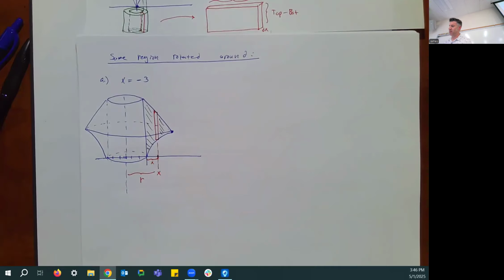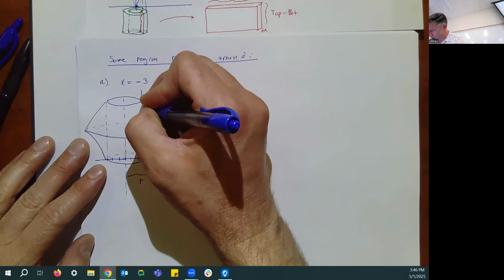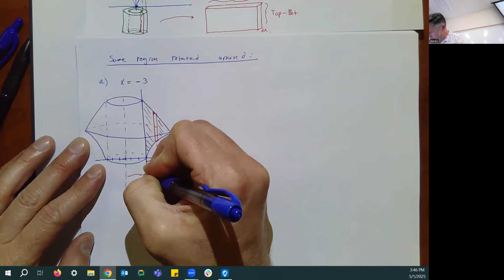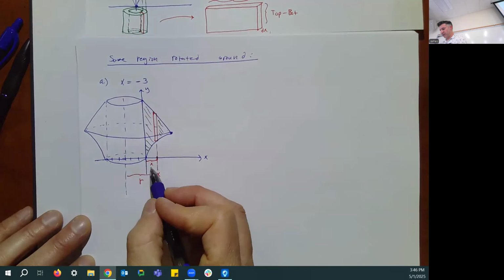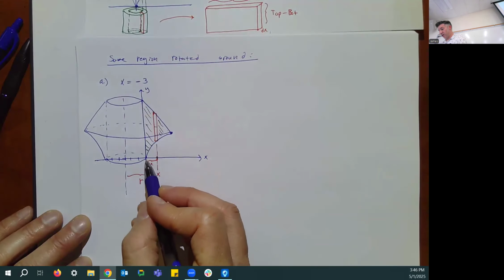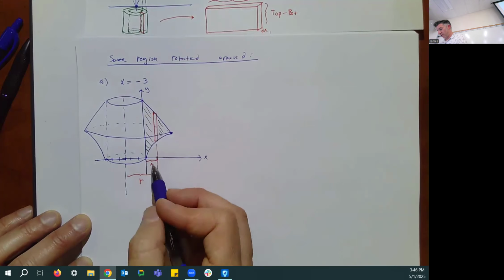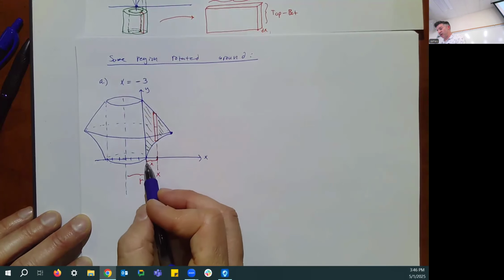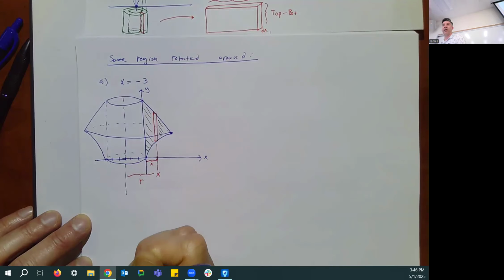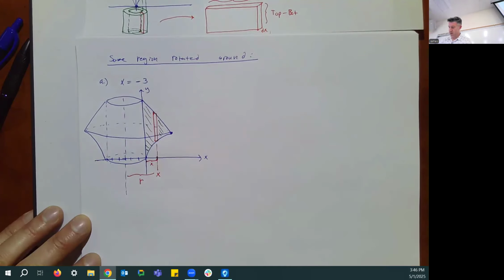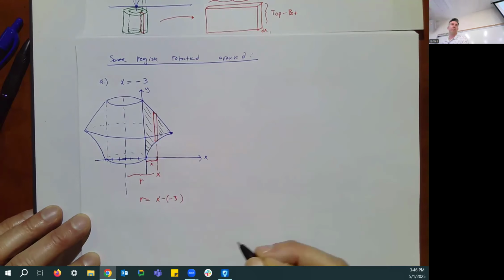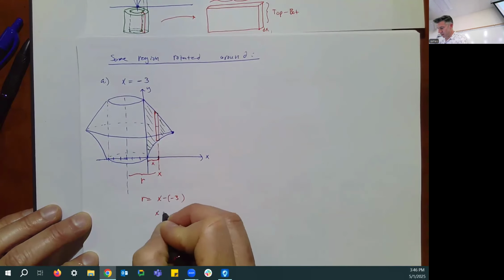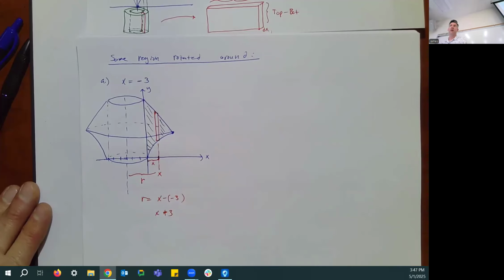Let me label things. Here's my y axis, here's my x axis. So my distance x is just how far it is from the origin to wherever I'm drawing my strip on the x axis. My radius is going to be 3 larger than that. So here my radius should be x plus 3. My radius got 3 bigger, and really nothing else changed.